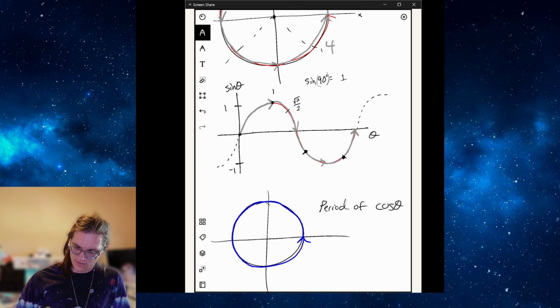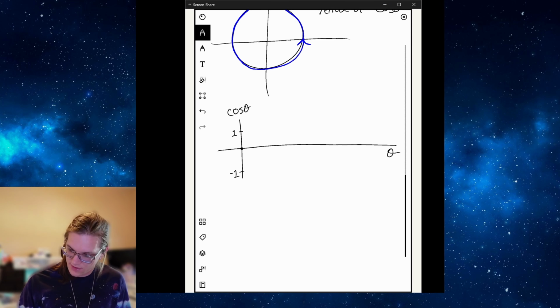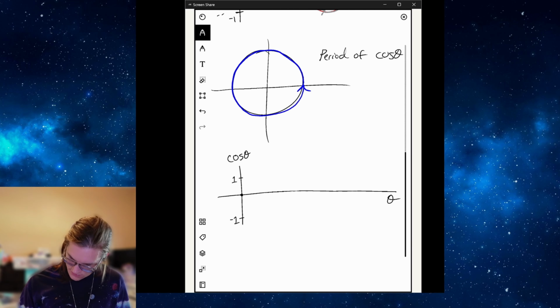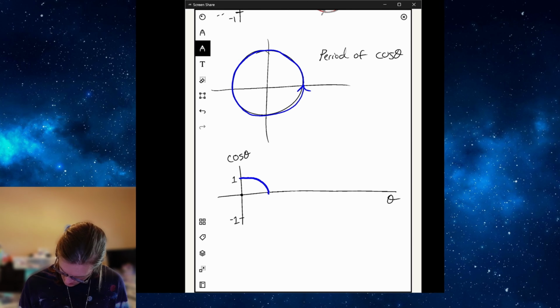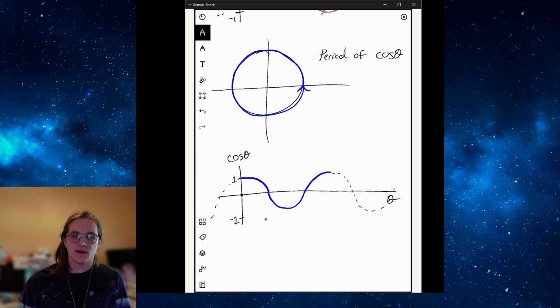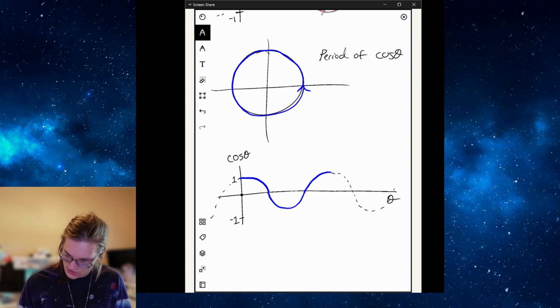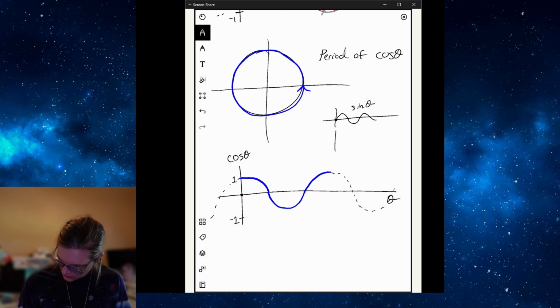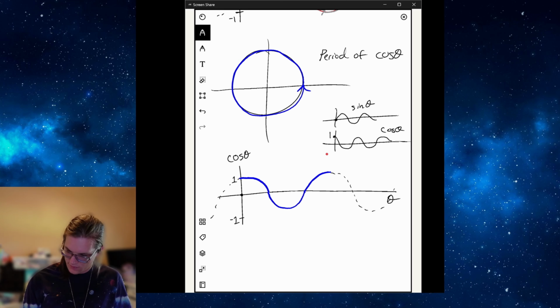Cosine starts up here at 1, which it should, because on the unit circle it starts at 1, goes down below, and ends at 1. We know it's going to keep going. The cosine wave is just a sine wave that's nudged over this much. So sine looks like that, starting at 0, 0. And cosine looks like that, starting at 1.